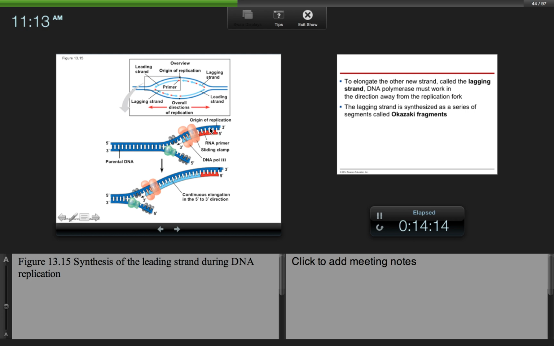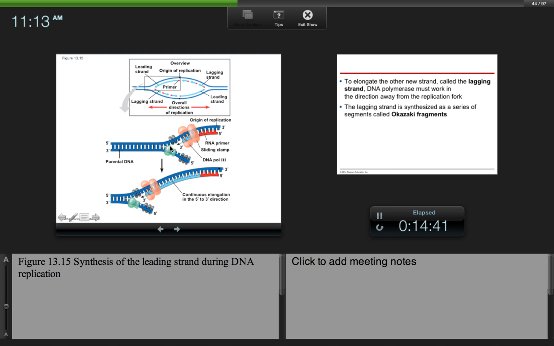This has to be made first in order for DNA nucleotides to be able to be added to the end of it. Okay, because DNA nucleotides can't get added to a template. They can only get added to the end of an already growing strand, which in this case is the RNA primer. So this is the leading strand. It gets made continuously 5' to 3' as the molecule unzips and unwinds.